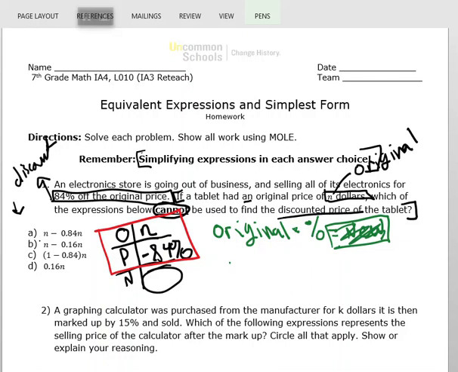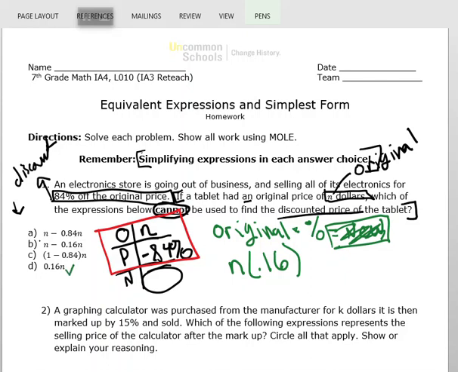If my original is N, and since I have 84%, 100% minus 84% is going to be 16%. So if I do N times 0.16, that's certainly one way for me to write an expression that helps me find the discounted price. And I see that over here. I see 0.16N. So this is one of my answers.